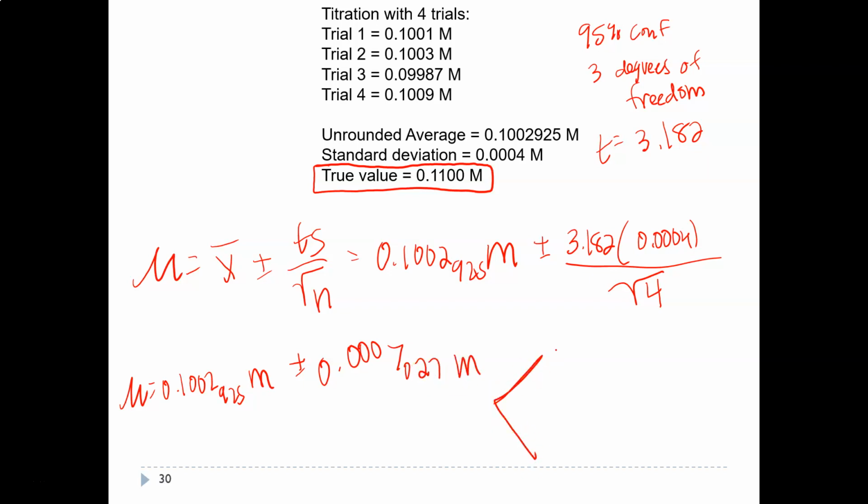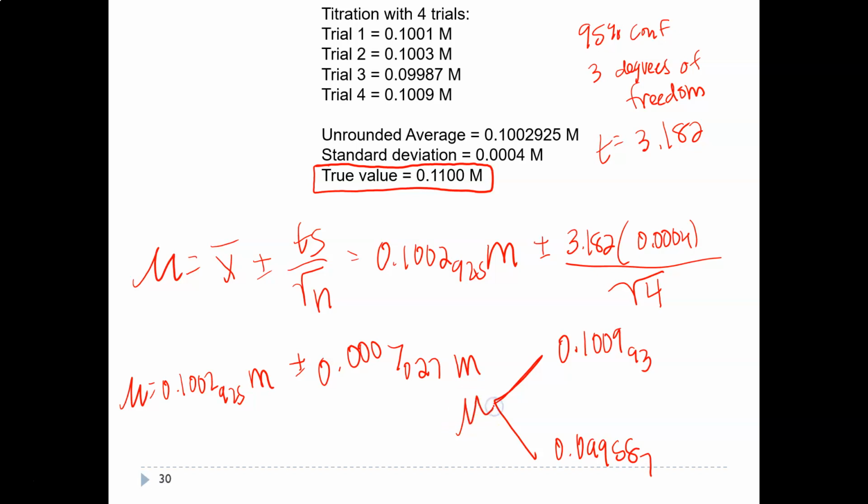So the range, I went ahead and took 0.1002925 plus 0.0007027, and what I got was 0.100993. And when I did the 0.1002925 minus 0.0007027, I got 0.099587. Okay, so that's my range.